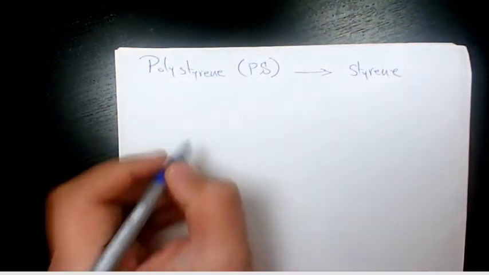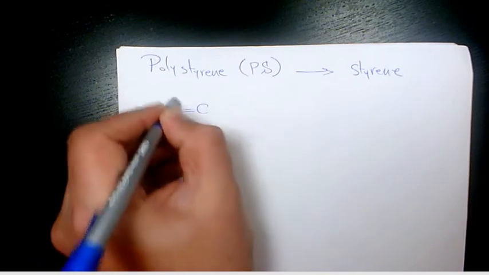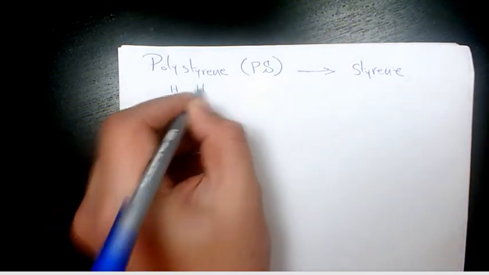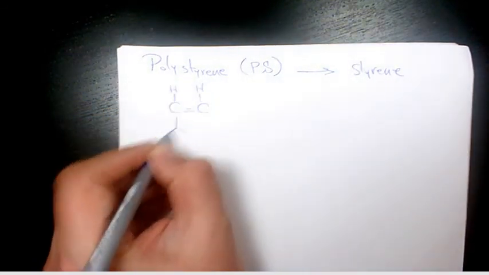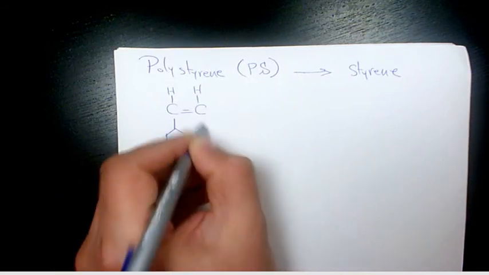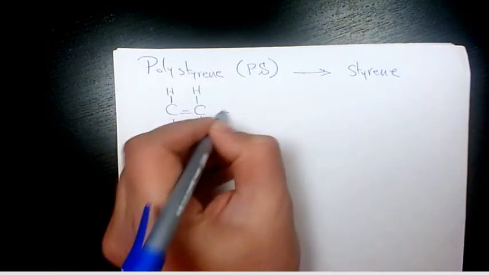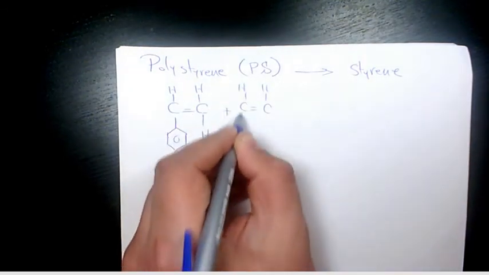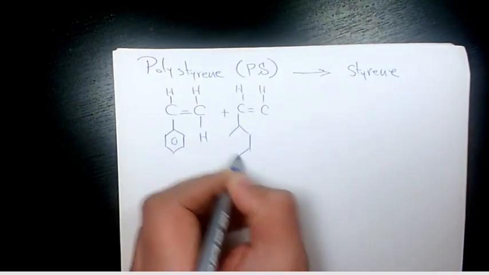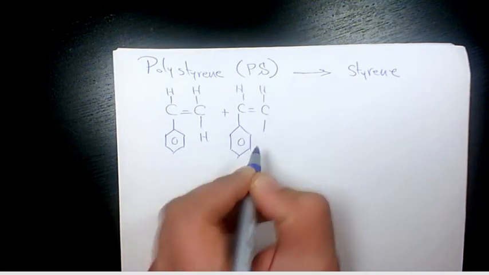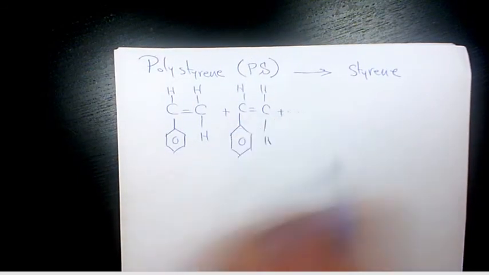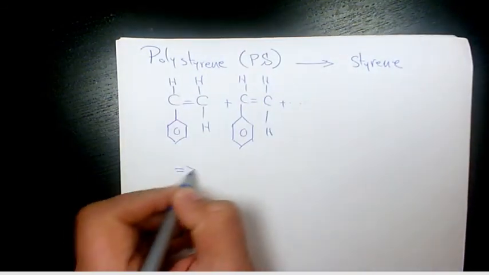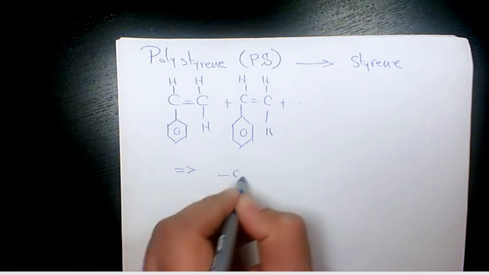What's the structure of styrene? Again, we have a double bond, hydrogen, hydrogen, we have an aromatic ring and hydrogen. That is going to react with other molecules of styrene, addition reaction, and then it produces polystyrene.